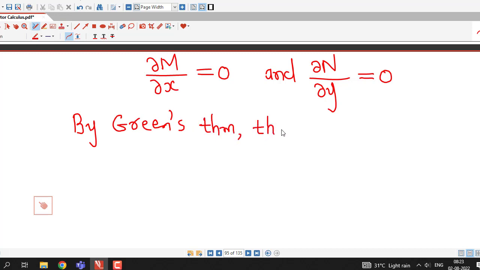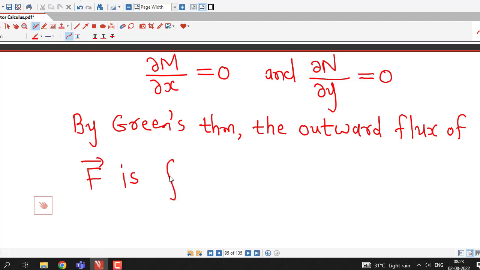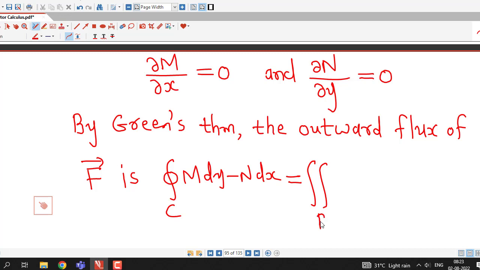By Green's theorem, the outward flux of the vector field f bar is the line integral M dy minus N dx along curve C, equal to the double integral over R of del M by del x plus del N by del y.